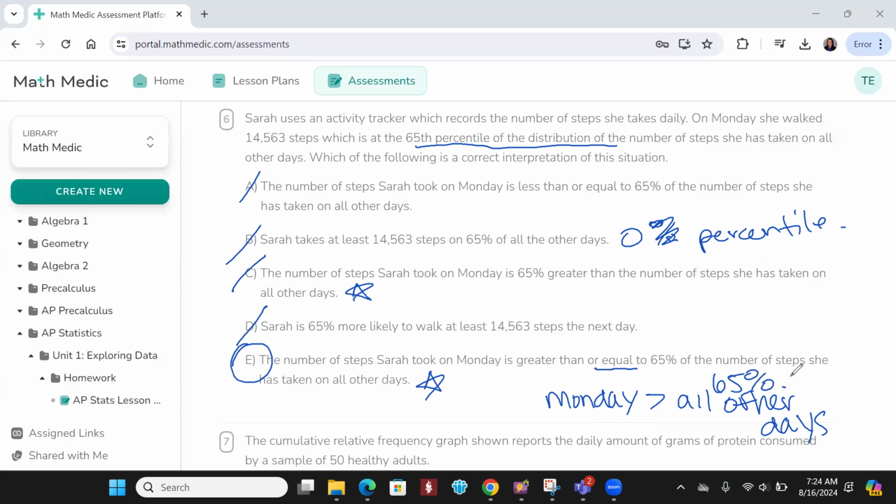So she's saying that the 14,563, the number of steps she took on Monday, is greater than 65% of all the other days. Yeah. It's kind of like when I say I'm in the 90th percentile of people who took the SAT. So that means that I'm better than all these other ones. Does that make sense? Okay. Let's go to number 7.